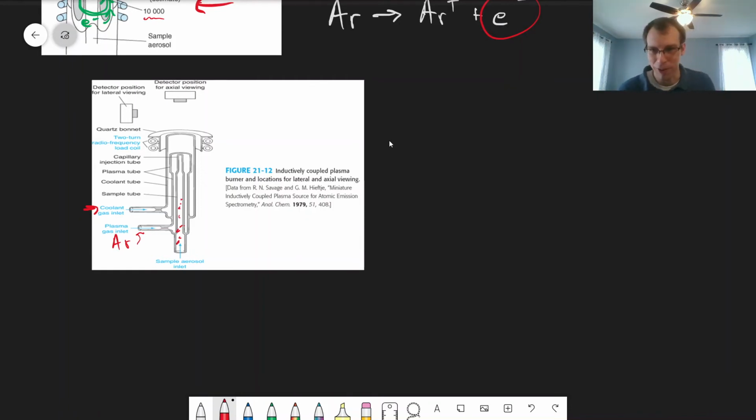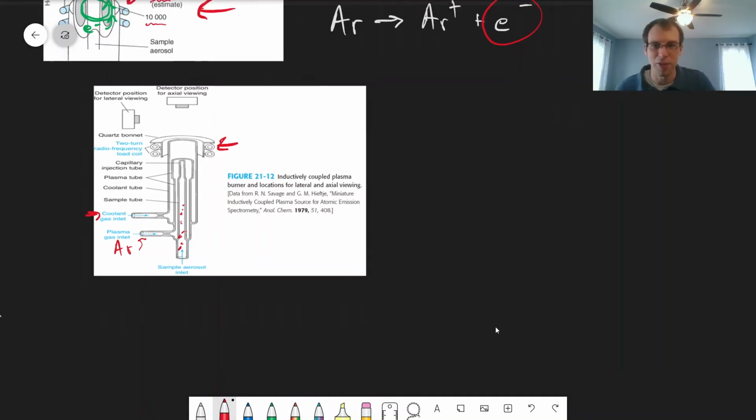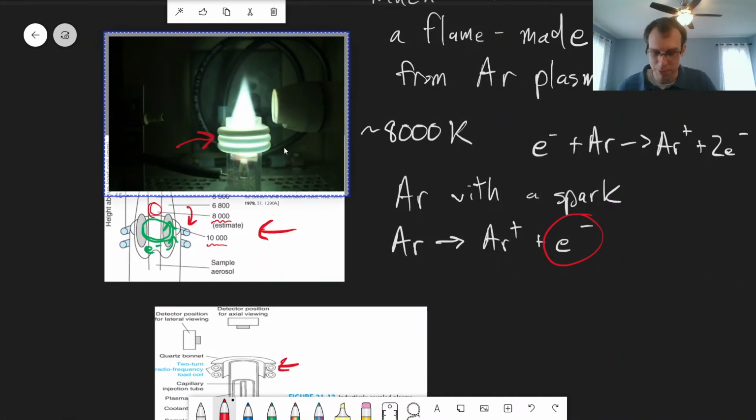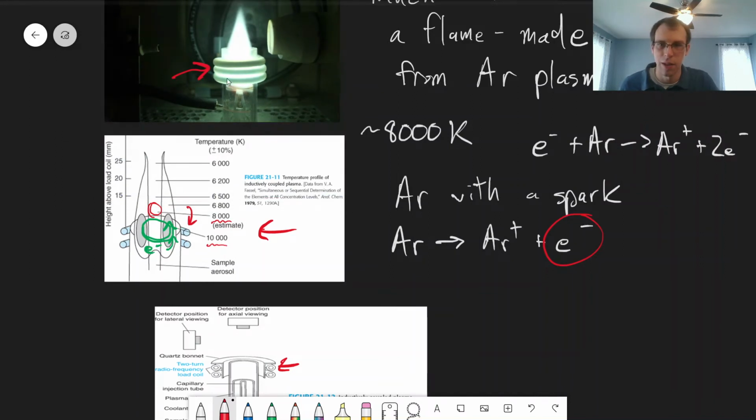Then our radio frequency coil is here, and all the tubes come together. If we come back to this picture up here, you can see all these things down here at the bottom.